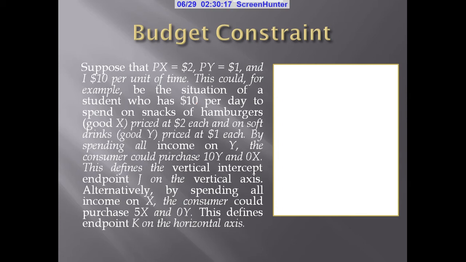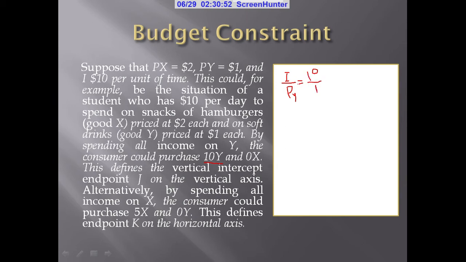By spending all income on Y, you can consume 10Y. As we know, the price of Y is $1. Therefore, if the consumer spends all of his income on Y, total money income divided by the price of Y is equal to, income is $10 and the price of Y equals 1.